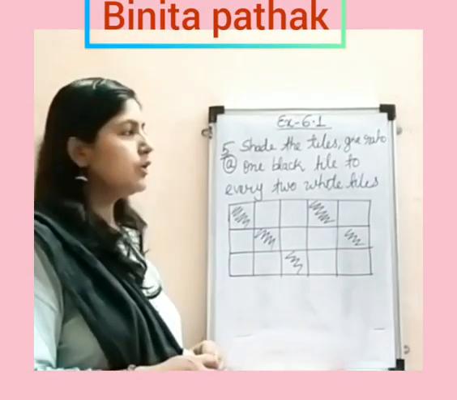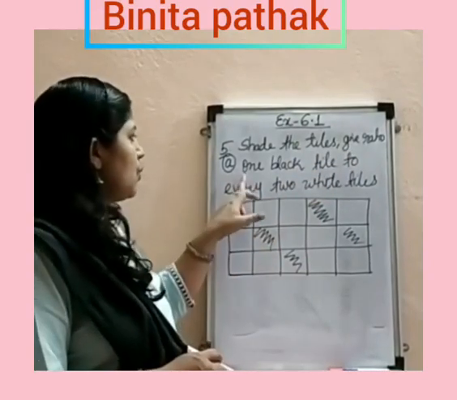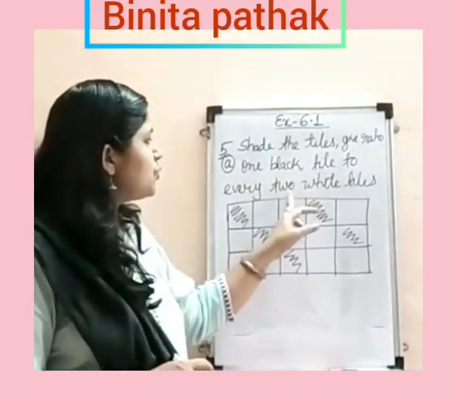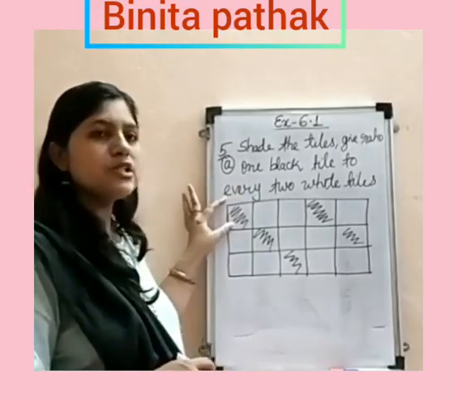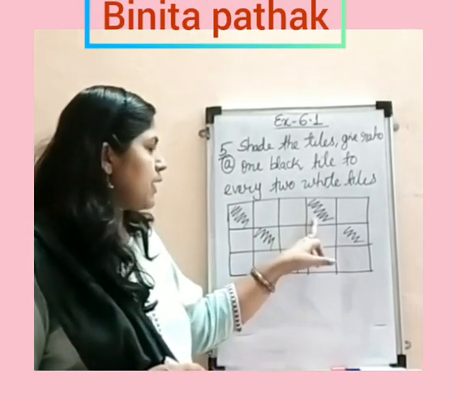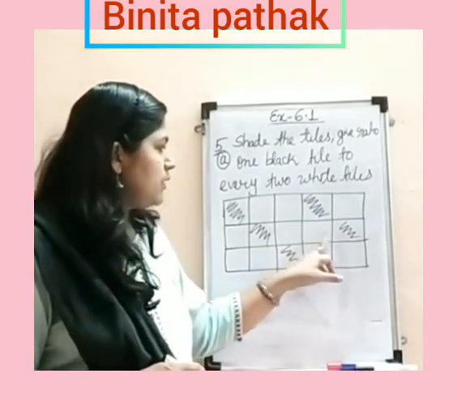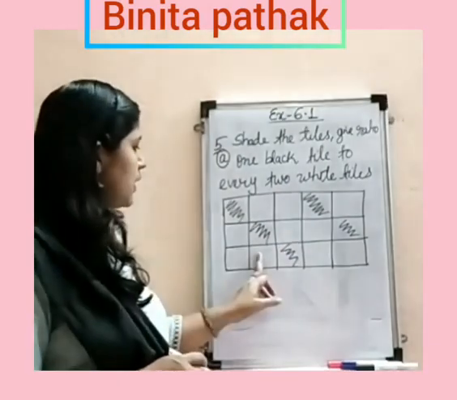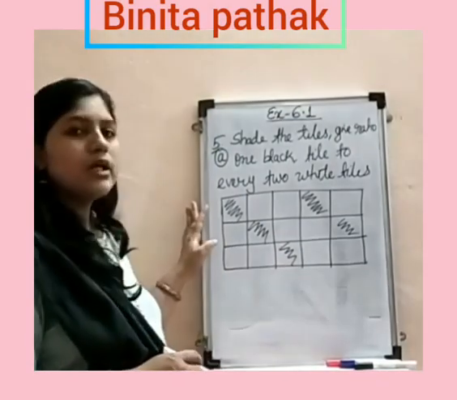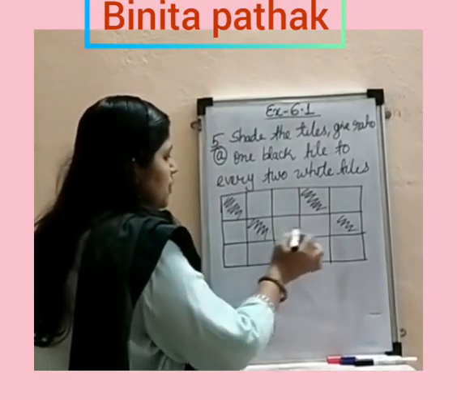Let's do our next question. Here the fifth question is shade the tiles and give the ratio. One black tile to every two white tiles. It means first one is black tile, then we will leave two white tiles, then again black tile, leave two white, again black, two white, then black, two white, then black. So what is the ratio? How many black tiles are here? 1, 2, 3, 4, 5.